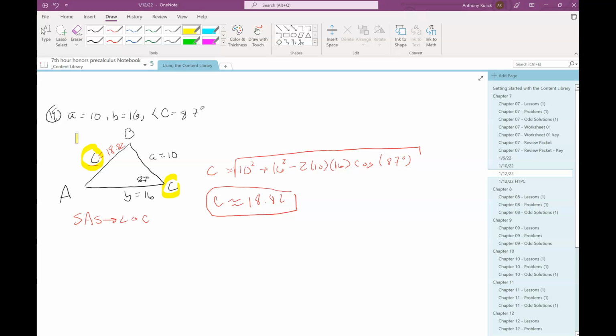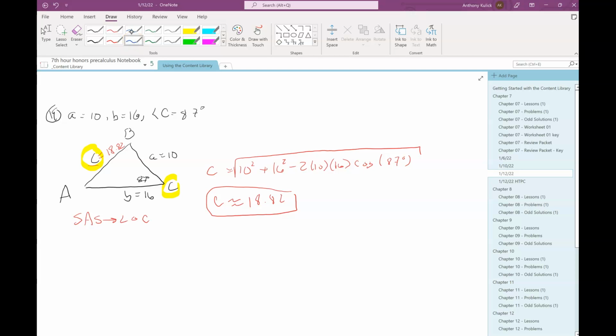So I want to make sure that when I choose which one I solve for, I can avoid any 0, 1, or 2 triangle situation. Okay with that? Now, the way that we can guarantee to avoid that when using the law of sines is choose to solve for the smaller of the 2 angles first.